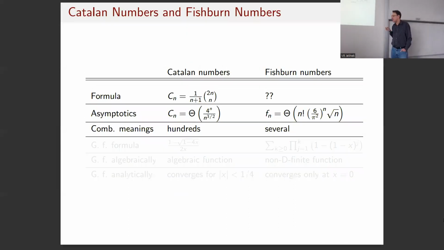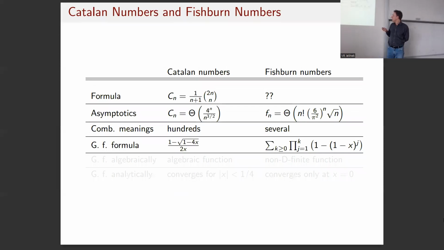And both these number sequences have some combinatorial interpretations. They count some objects. For Catalan numbers, there is now a catalog of several hundred combinatorial objects counted by Catalan numbers. For Fishburn numbers, there is also a handful. The generating functions, well, both counting sequences admit of sorts an explicit formula for the generating function.